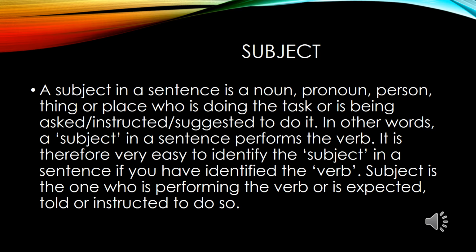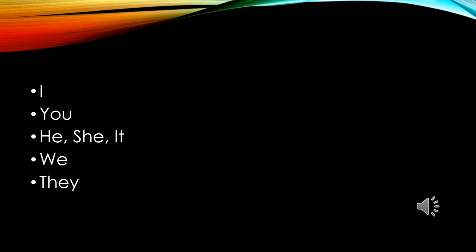Subject is the one who is performing the verb or is expected, told, or instructed to do so. We can use I, you, he, she, it, we, and they for subject.